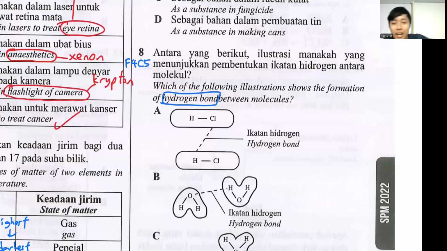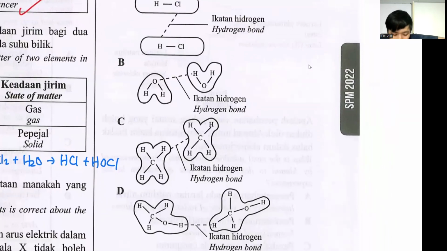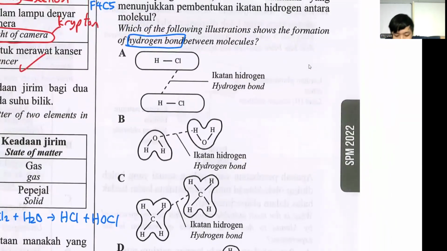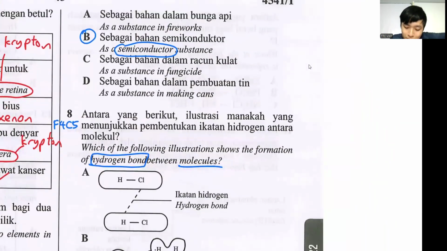Hydrogen bond. I don't know if you still remember what is hydrogen bond. It is between the molecules. This one is a very easy one. The rule is, of course, the molecule inside must have hydrogen.